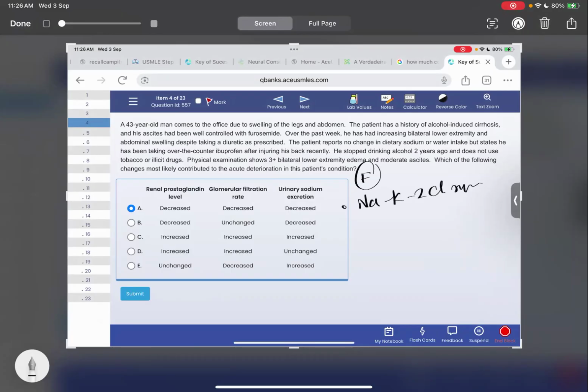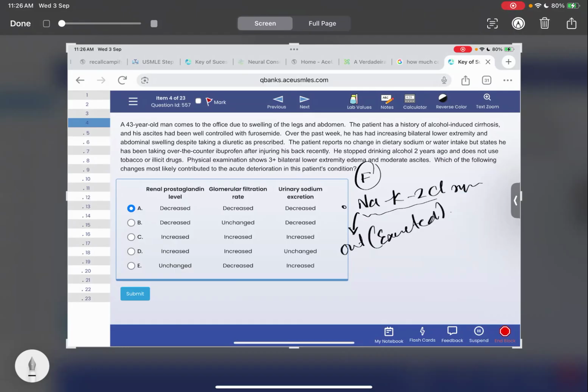You can simply remember that furosemide is blocking the reabsorption of sodium and chloride, so they will go out, or we can say be excreted.